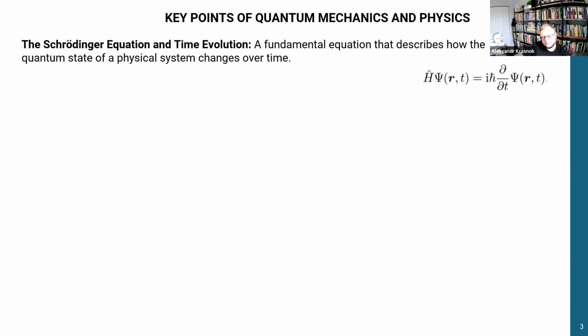Then, different things can happen to the system. We need to describe the evolution of the system over time and space, of course. And how do we do so? We do that using the Schrödinger equation approach. This is one of the most fundamental equations in physics and nature. In this equation, you can notice immediately the i, right? It's an imaginary unit there. If you forgot to write this i right before the time derivative, it wouldn't work.